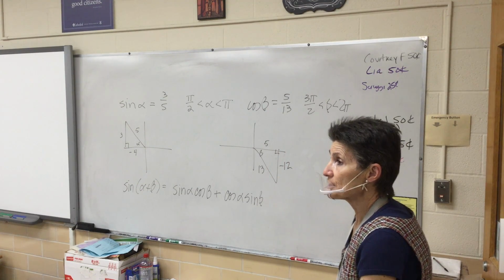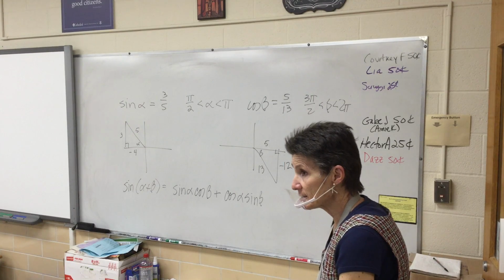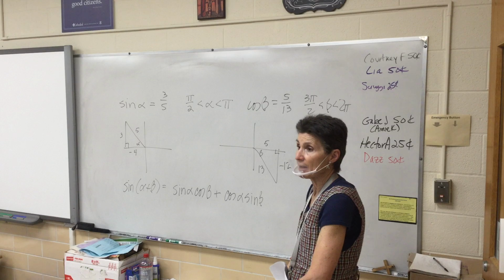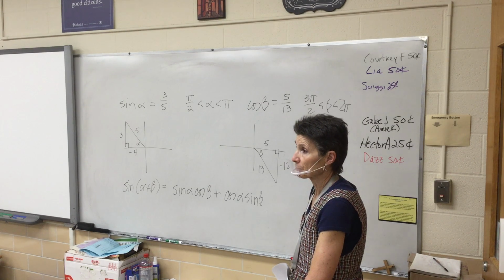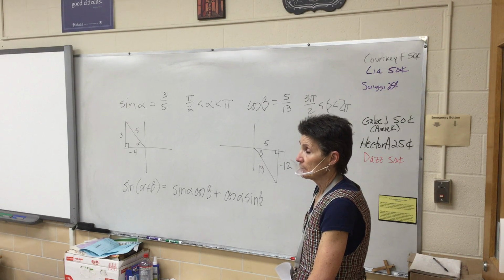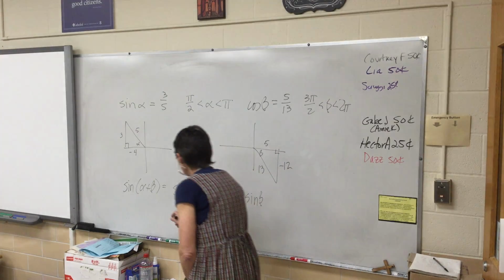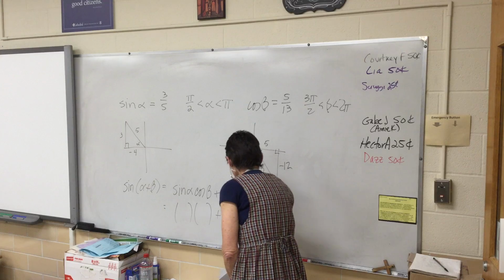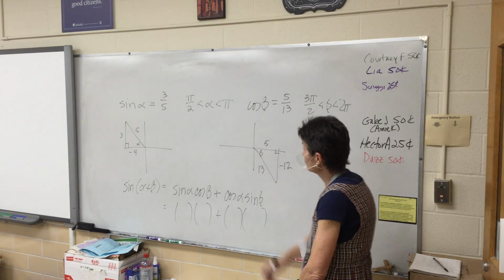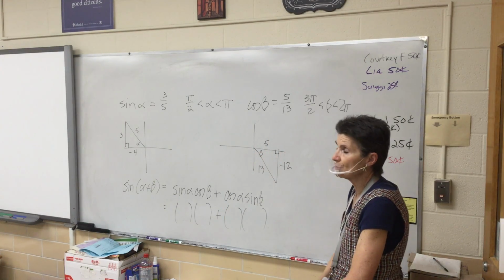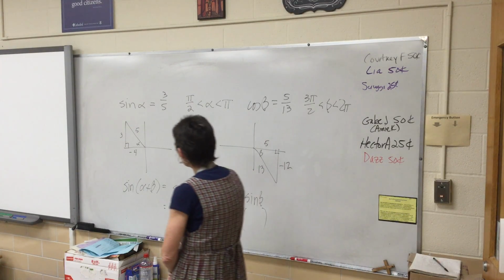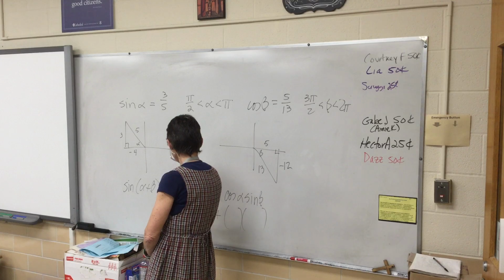Your sheet has U's and V's. Do exactly the same thing, but use A's and B's, alphas and betas. Now, do I know all the parts of this formula here? Can I look at my two pictures that I drew and plug in all that? So sine alpha is 3/5.